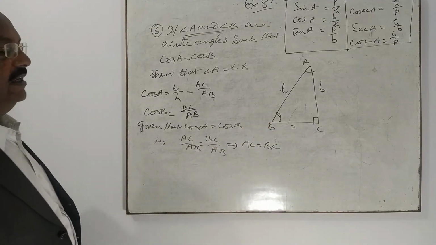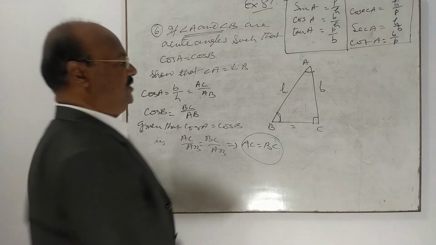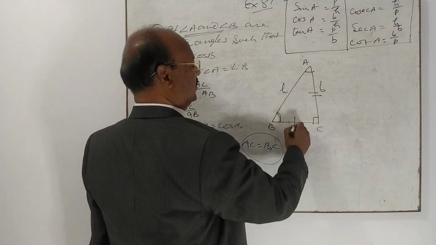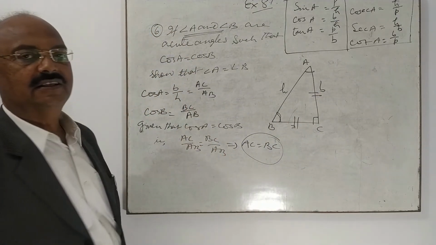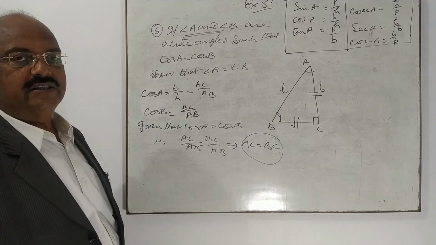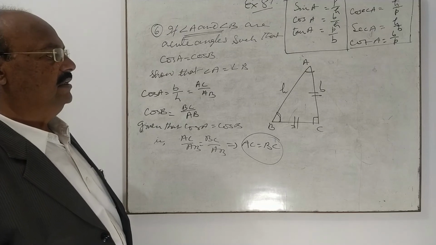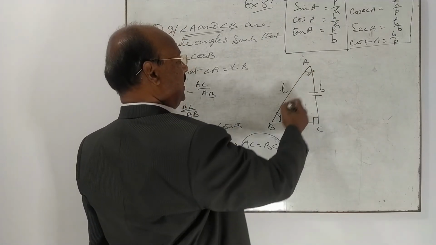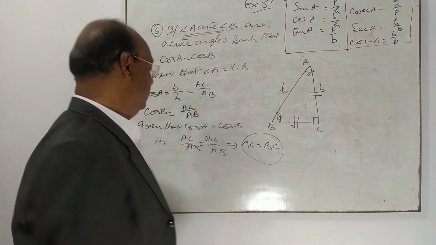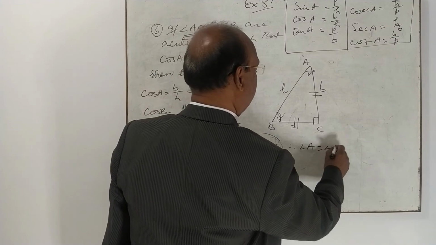So in this right angle triangle, AC is equal to BC, which means two sides are equal, so this triangle is an isosceles triangle. We know the property from geometry that in an isosceles triangle, the two angles opposite the equal sides are equal. So angle A is equal to angle B.